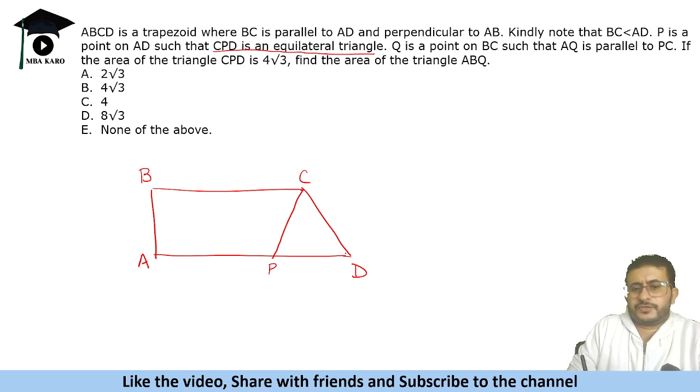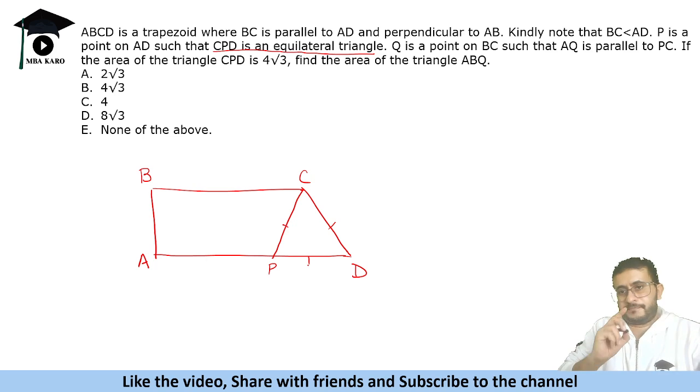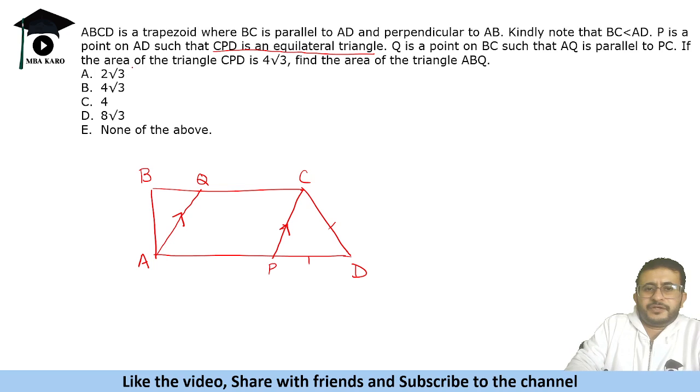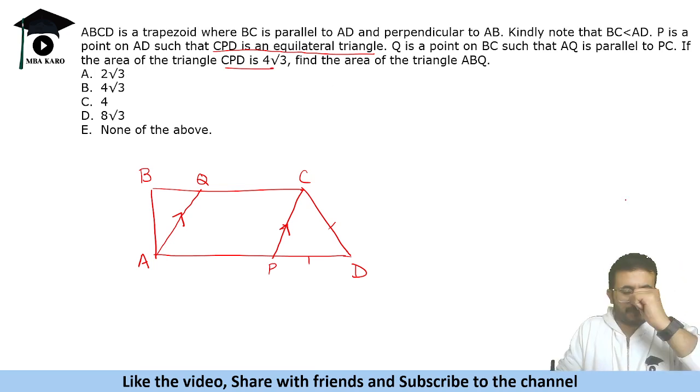So this means this already is the 60-degree angle. So this is an equilateral triangle. Okay. Q is a point on BC such that AQ is parallel to BC. Okay, so we take a point Q and we draw a parallel to BC. If the area of triangle CPD is 4 root 3, find the area of triangle ABQ. Okay, so we need to find the area of this triangle.